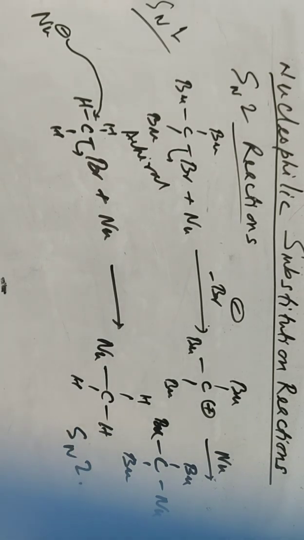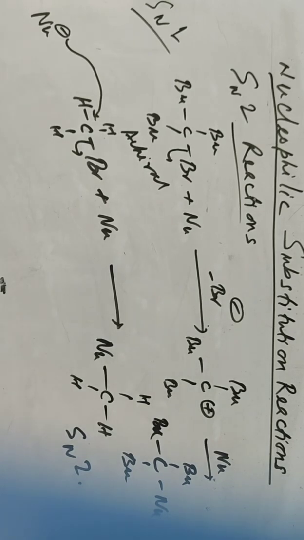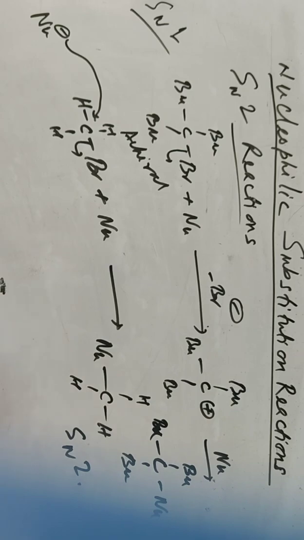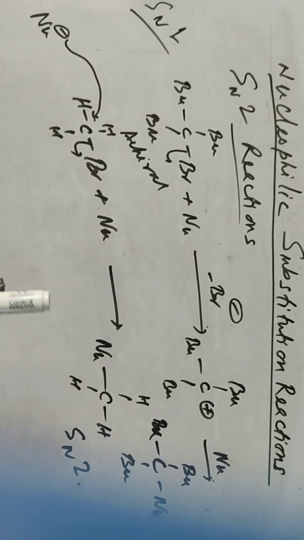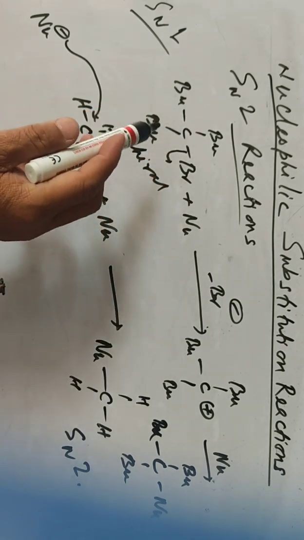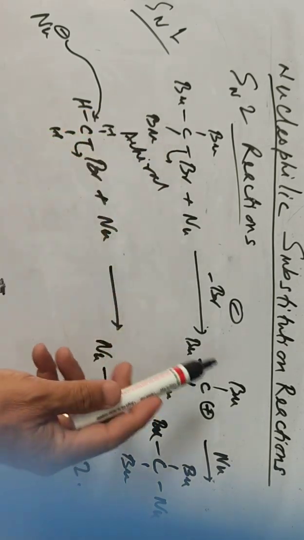I am repeating again: for SN2, mostly methyl, primary and some secondary alkyl halides undergo this reaction, because they do not form stable carbocations. Their reactions with a nucleophile must proceed through another mechanism. Bulky groups can undergo SN1 reactions because the carbocations formed are stable.